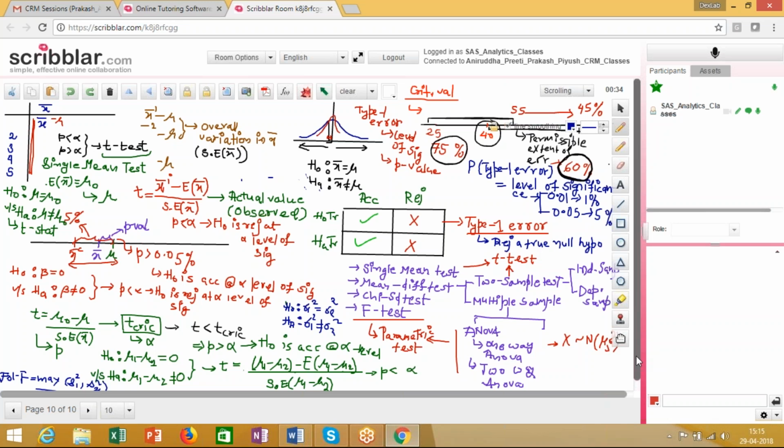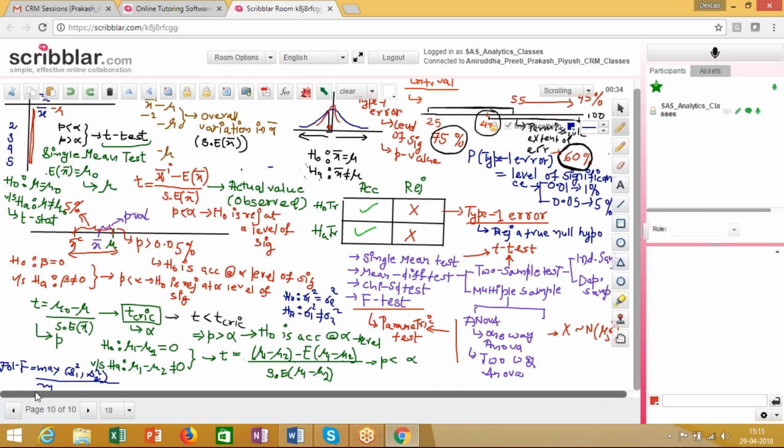So the folded F statistic is a ratio between the max and the minimum value of S1 square and S2 square.